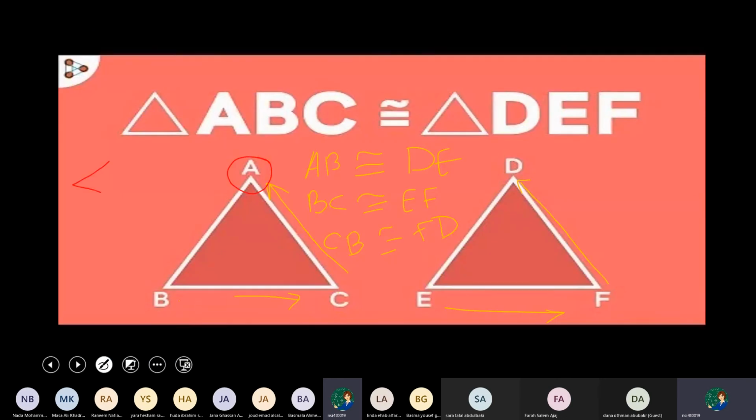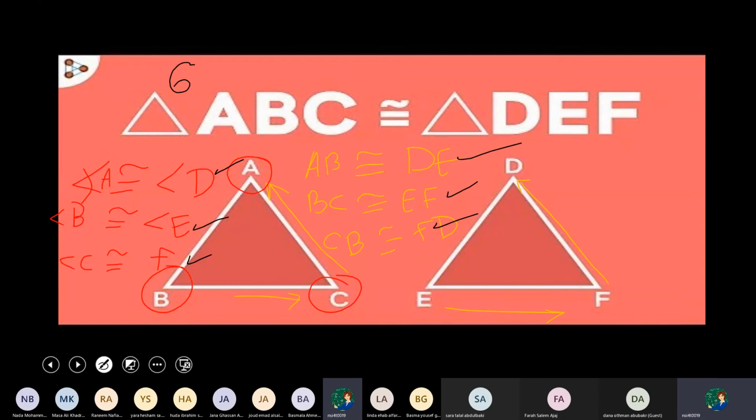Angle A corresponds to angle D, angle B corresponds to angle E, and angle C corresponds to angle F. So how many corresponding statements did I write? Congruent statements. Look at them here: 1, 2, 3, 4, 5, 6.